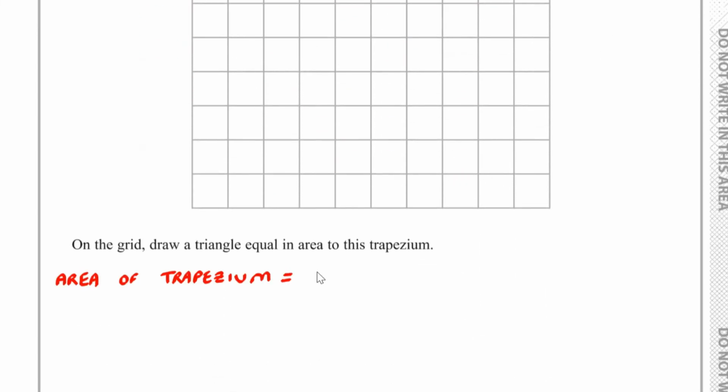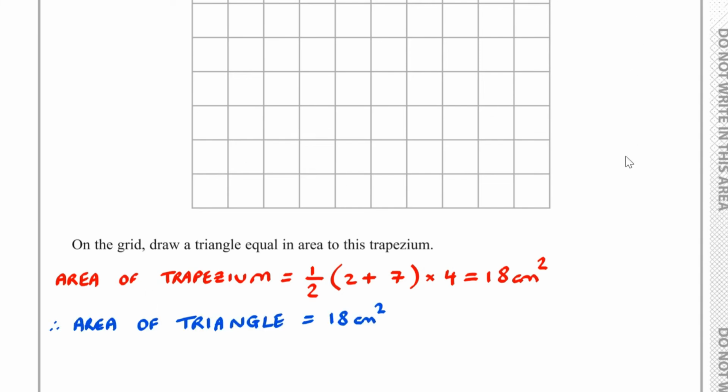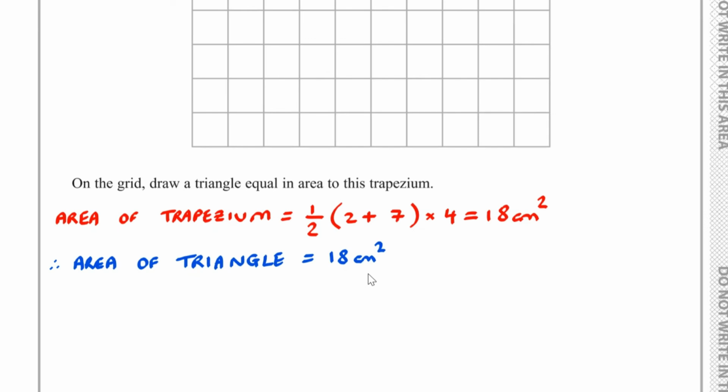The area of the trapezium, we've got 1/2 times the sum of the 2 parallel sides, 2 plus 7, times by 4. So it turns out we would get 18 centimetres squared, which means the area of the triangle is equal to 18 centimetres squared.